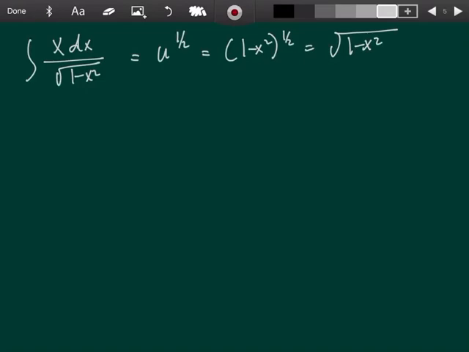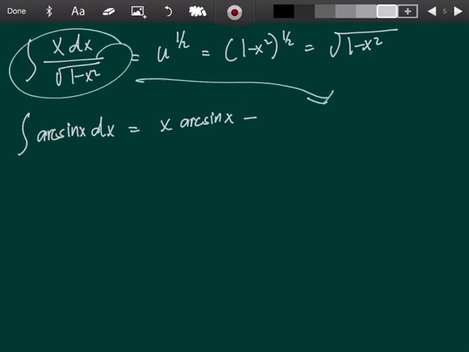So, balik tayo dun sa main natin. Ano yun? Arc sine x dx, that is equal to x arc sine x minus ano yung VDU? This is our VDU. That is square root of 1 minus x squared.